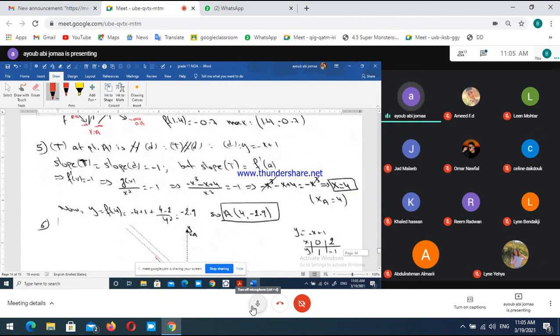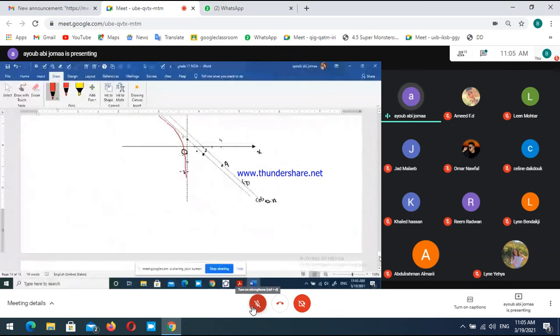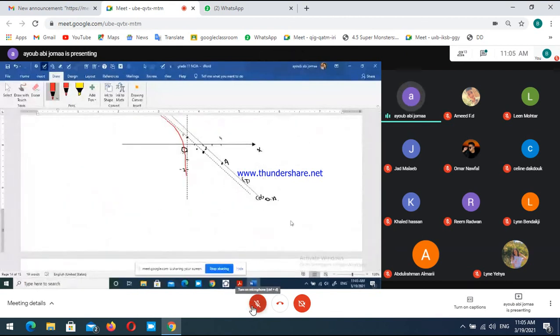And here the function increases from the vertical asymptote to the maximum, then decreases toward the oblique asymptote.